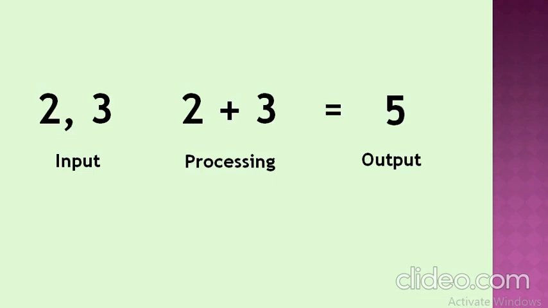Calculation means addition of numbers, subtraction of numbers, multiplication of numbers, division of numbers, and many other such mathematical operations on numbers. Similarly, we are going to take one example here to learn how a computer functions. Here we want to add two numbers, that is 2 and 3.